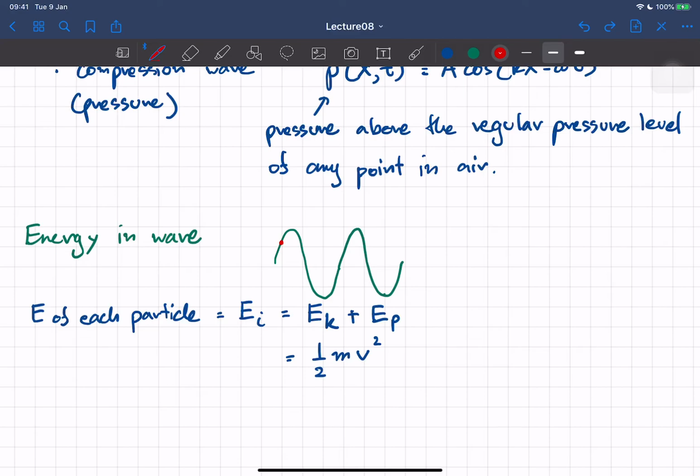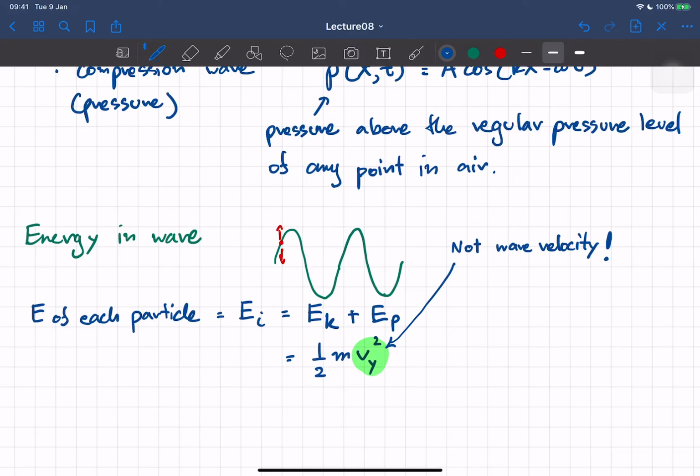It's the velocity of the particle, vy, which is going up and down. So I should write vy here, and write clearly that this v is not the wave velocity. Don't get confused here. This is not the wave velocity. This is the velocity of the particle itself.